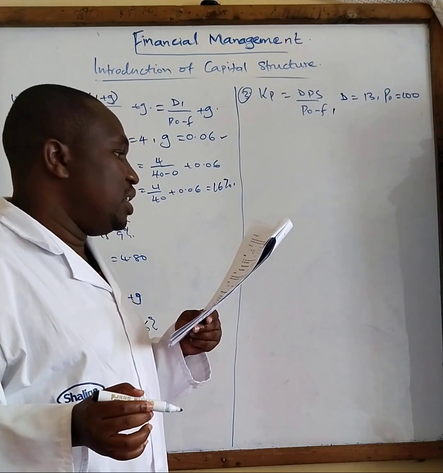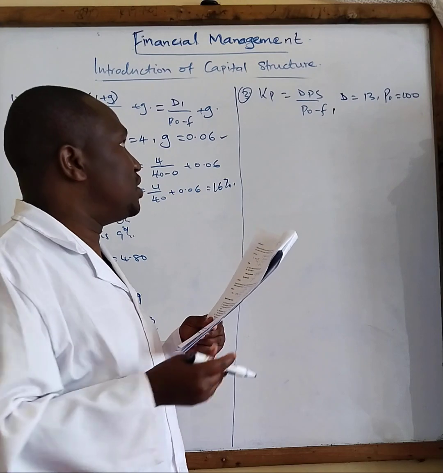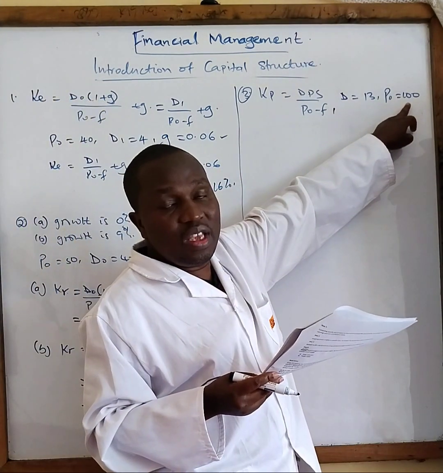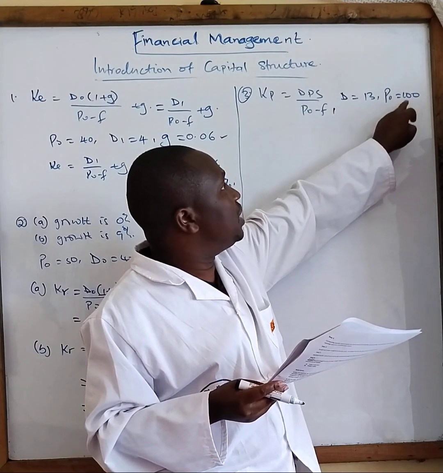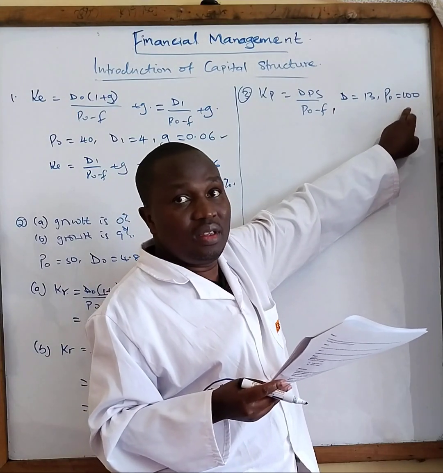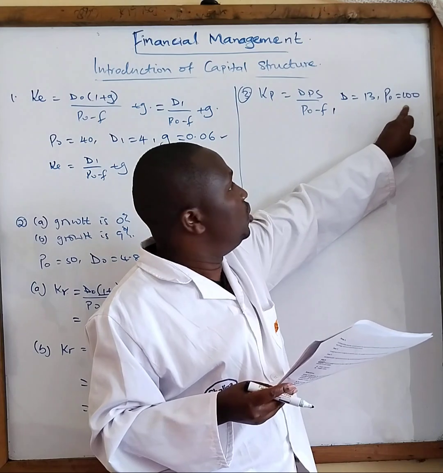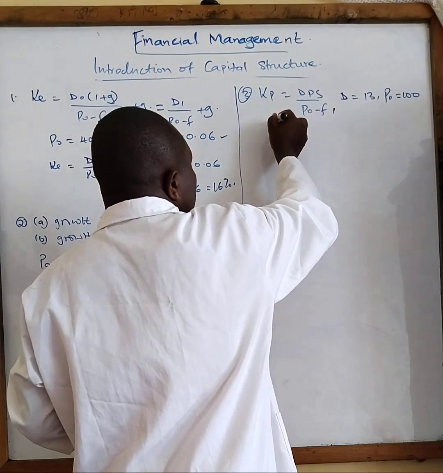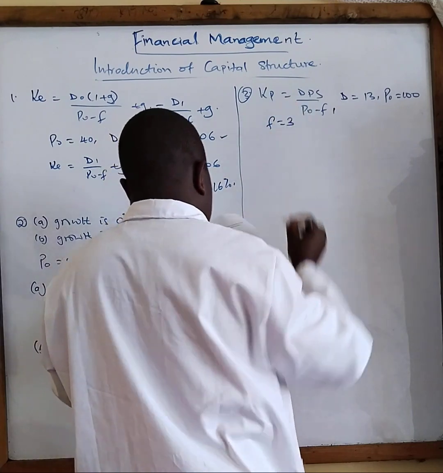Then they are also saying the flotation cost is 3%, which means 3% of the market value. Flotation is always on the market value. So 3% of 100 is 3 shillings. So F is equal to 3 shillings.